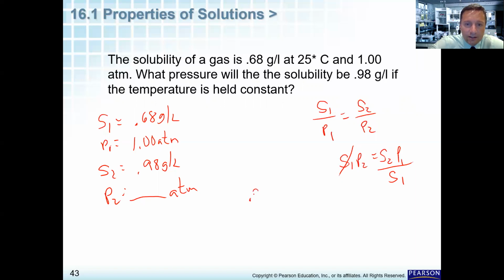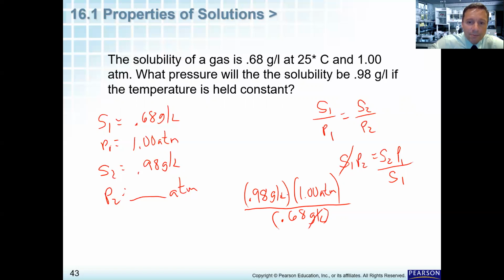Solubility 2 is 0.98 grams per liter times pressure 1. Pressure 1 is 1.00 atmospheres. And I'm going to divide that by S1, which is 0.68 grams per liter. Grams per liter are canceled. Now I can solve.